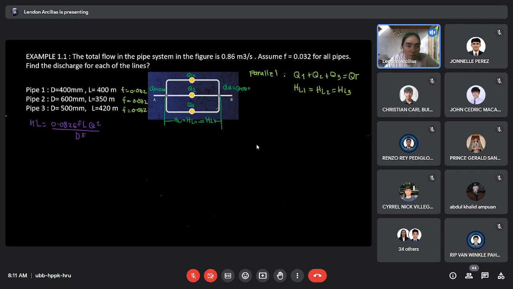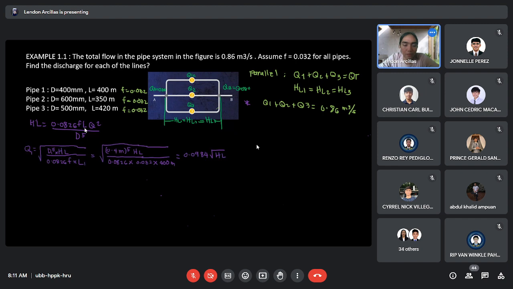So, again, you'll use the formula 0.0826 FLQ squared over D raised to 5 since this is metric and this is head loss in terms of discharge. Okay. So, uunahin natin kukunin yung Q sub 1. From the formula, you play with the formula and get the Q raised to 1.